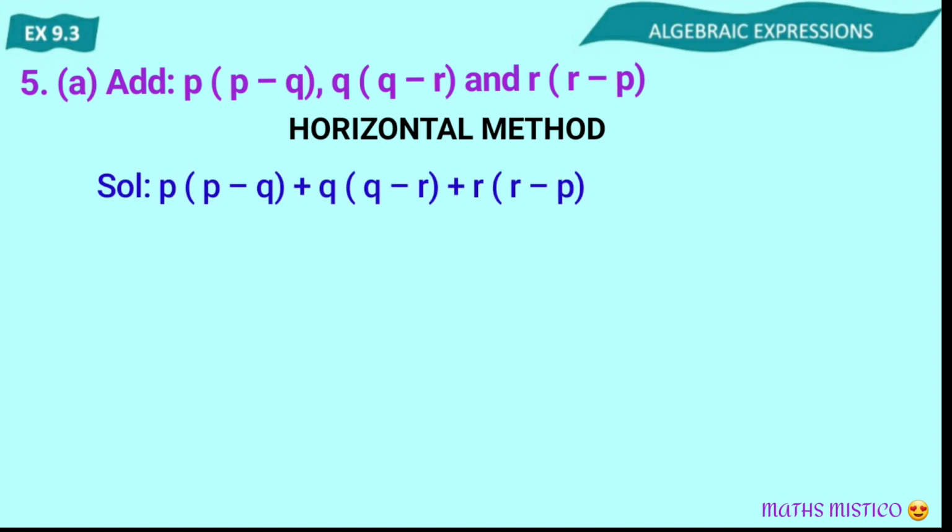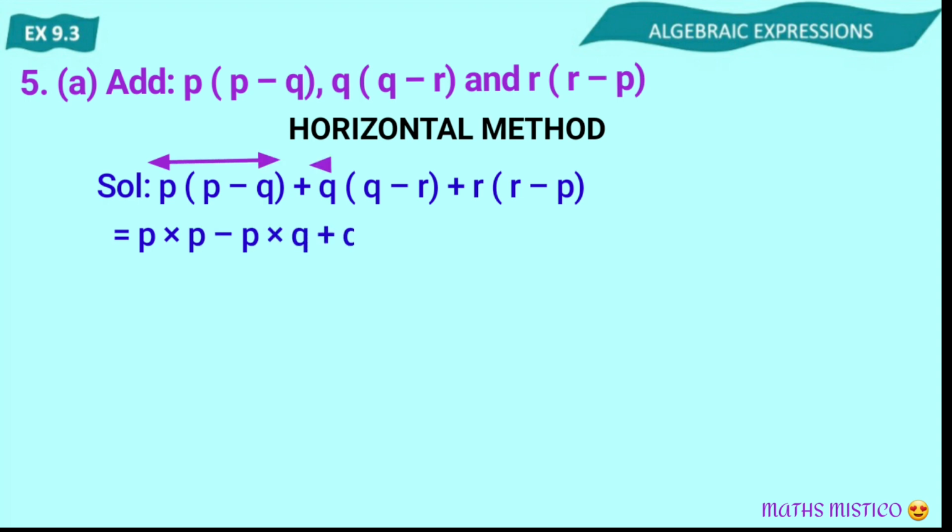This expression has 3 parts, each containing a product of monomial and binomial. So we will be solving each part separately but side by side. From the first part, we get p into p minus p into q.